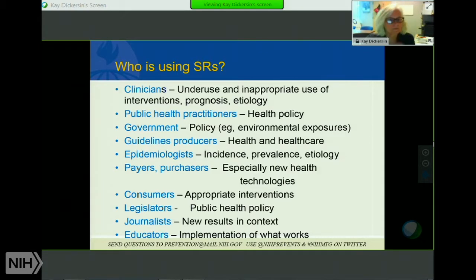And all kinds of people are using systematic reviews as well: journalists, payers, epidemiologists, those who produce them, but also other people. And I always look in my morning newspaper to see has the journalist cited a systematic review or a single paper. And the New York Times is very good.